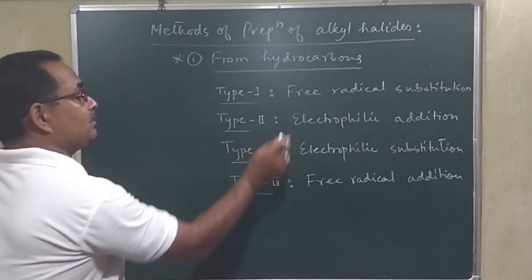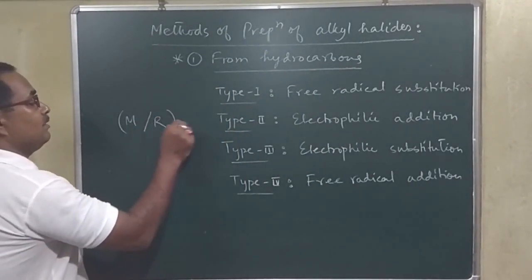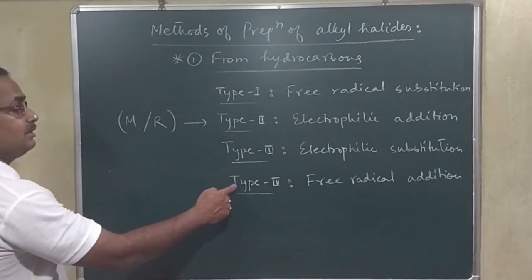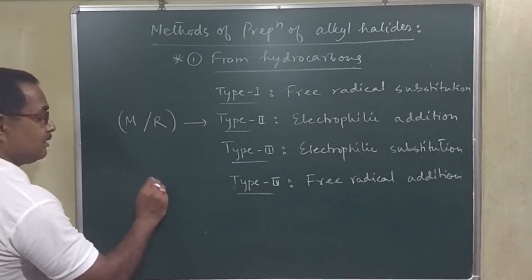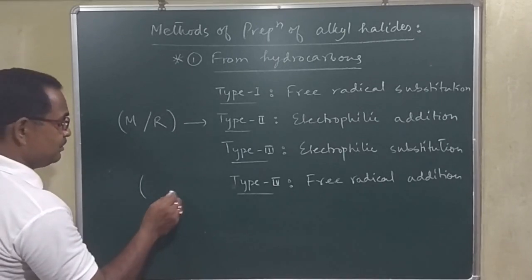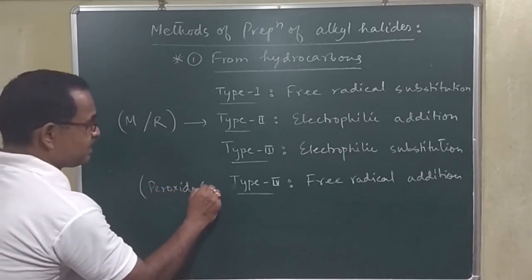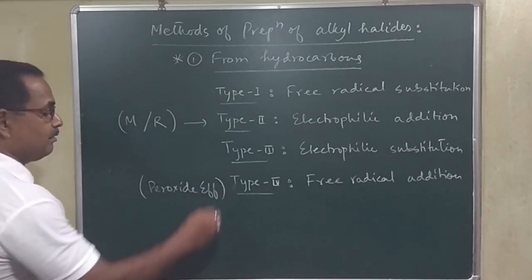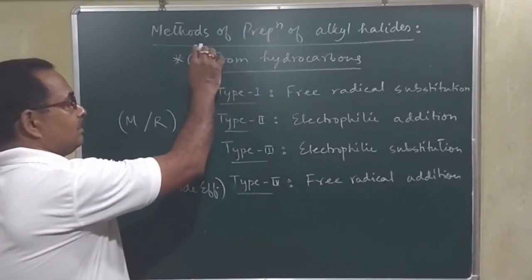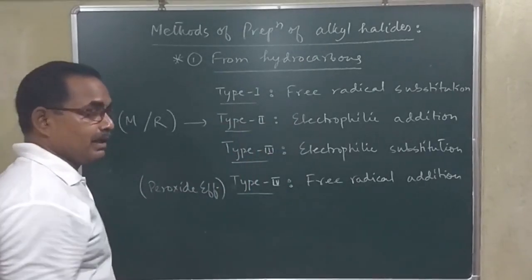Electrophilic addition is seen in case of reactions obeying Markovnikov's rule, and free radical addition is seen in case of anti-Markovnikov's addition or peroxide effect. In this way, from this particular point, we have got 4 different types of reactions.